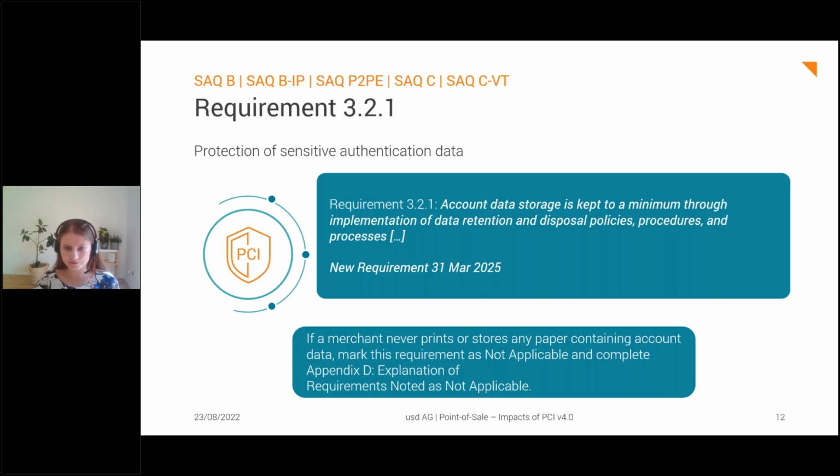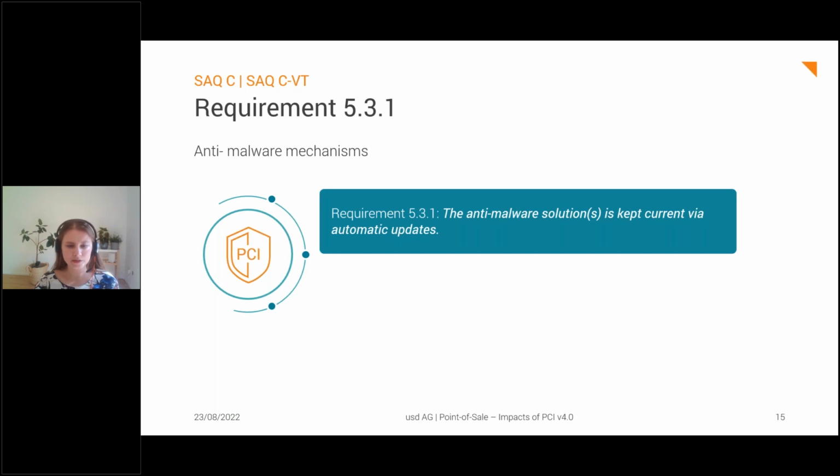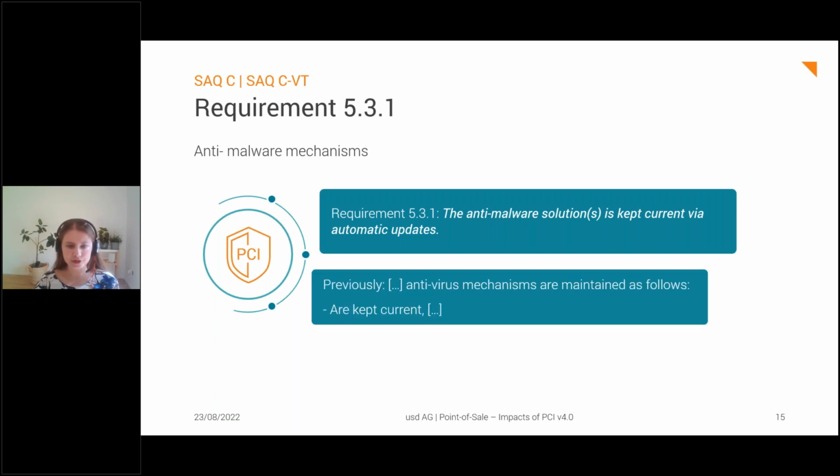I hope that helped. So next one is the requirement 5.3.1, anti-malware mechanisms. If we look at the standard 3.2.1, we see that here we had a wording change. Previously it was called antivirus mechanisms, and previously the antivirus solutions were just required to be kept current.